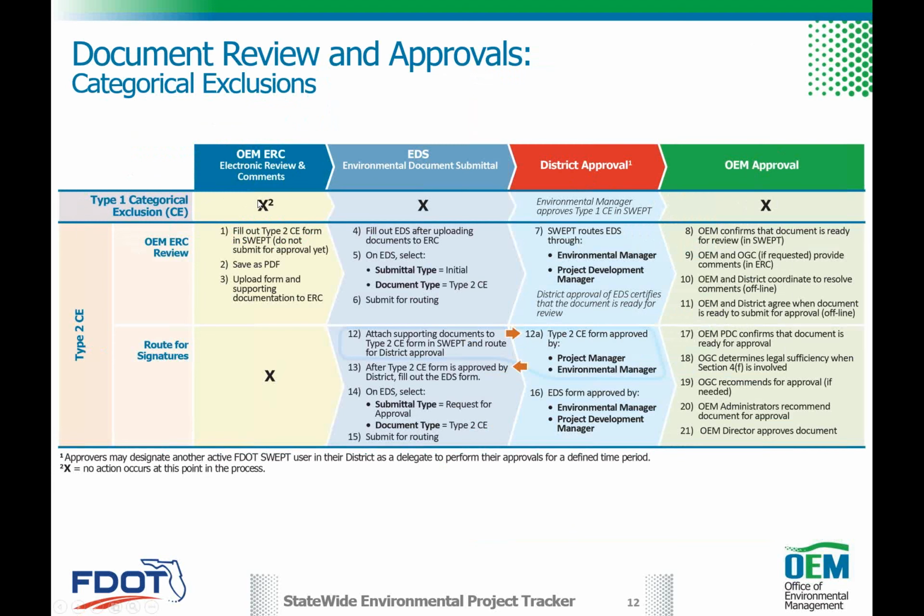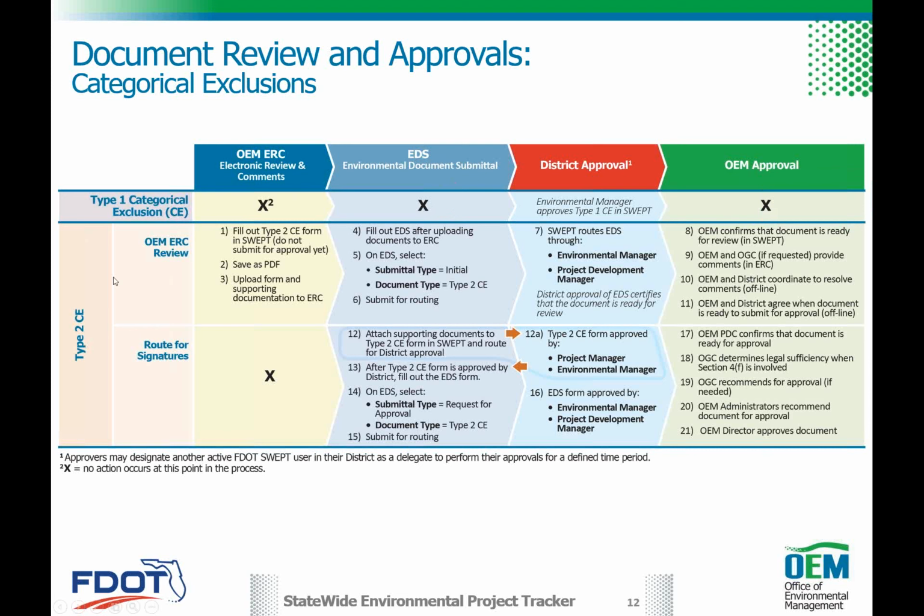So as you would expect, you don't need to put anything into ERC. You do not need to complete a routing sheet that would funnel up through the district. You do complete district approval, and it does not move up through the process for OEM approval.